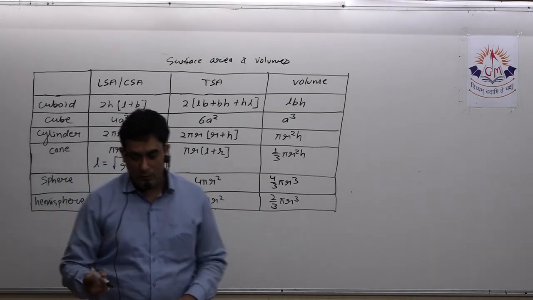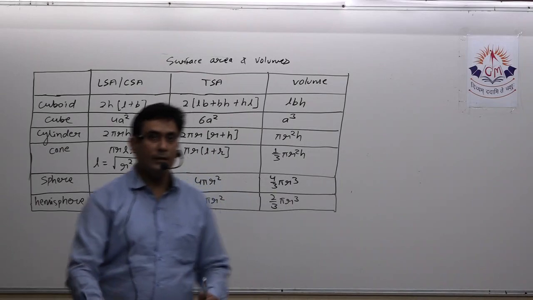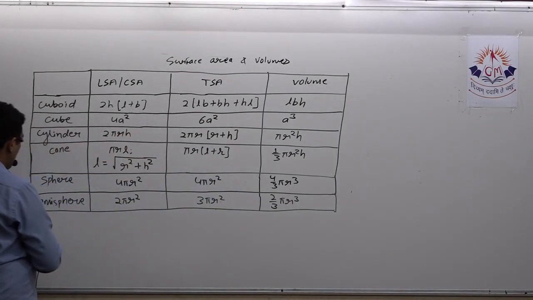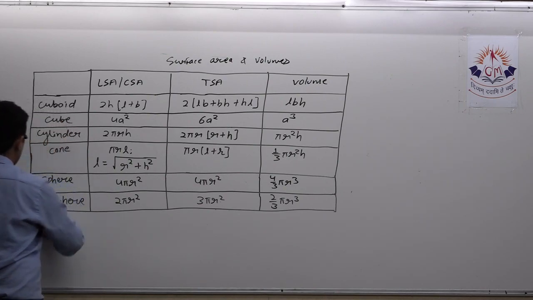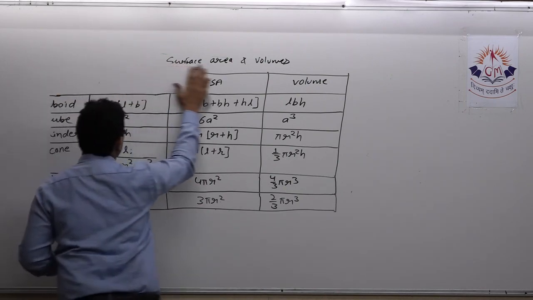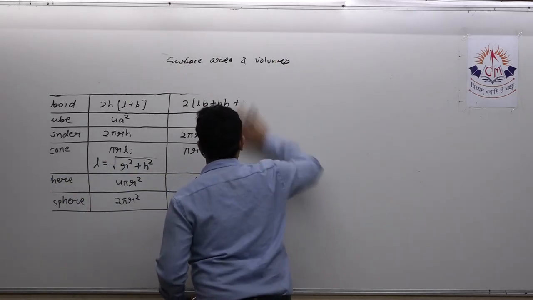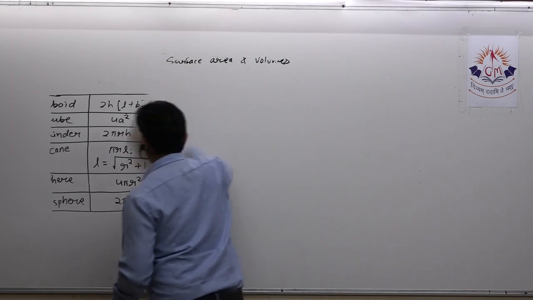Now there was one more shape, that is frustum, that is deleted from your syllabus this year. So these are the formulas. Now we'll see some questions based on this, which type of questions can be asked in your exam.